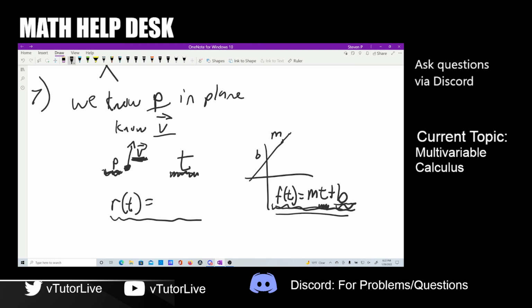The idea is we start at p, and we want a vector with some direction, and we want to multiply that by t, an independent variable. You see what I mean? So it'd be r of t, and then the point, that's the start, plus t multiplied by the vector. Yeah, exactly. That's all.